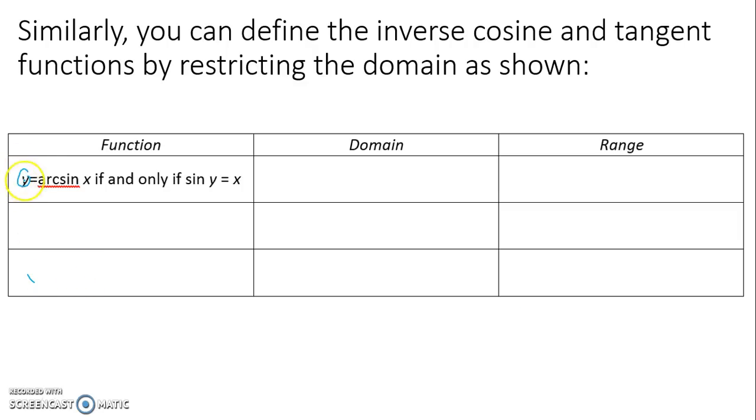I want to say this angle is my arc sine. So that means that I did sine of that angle and got that value of x. My domain for that is -1 to 1. So the only numbers that can be plugged into my x had to be between -1 and 1. My answers should all be between negative pi over 2 and positive pi over 2.